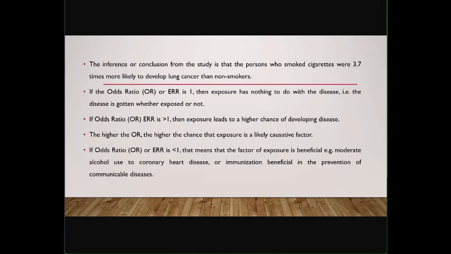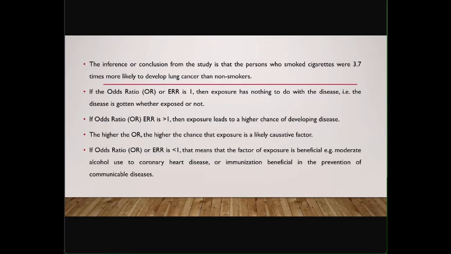For that factor of exposure to have a relationship with that disease outcome, the estimated relative risk or odds ratio must be more than 1. In our own example, we saw that it was 3.7. How do we interpret it?